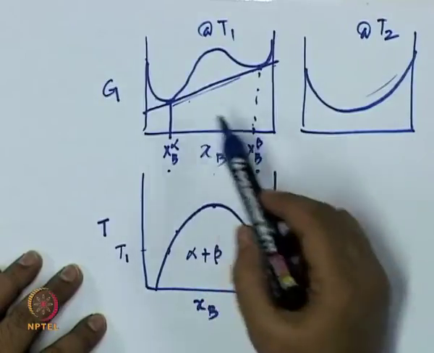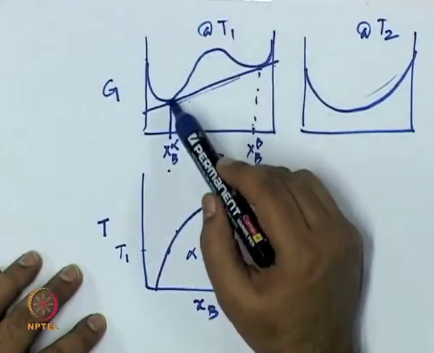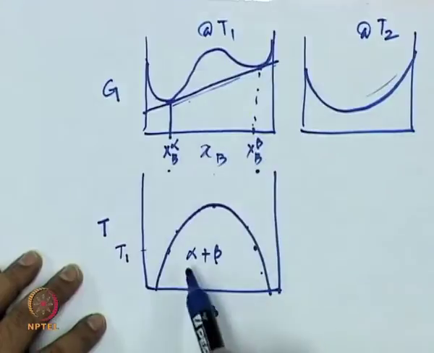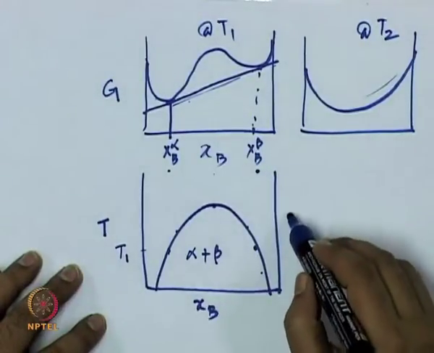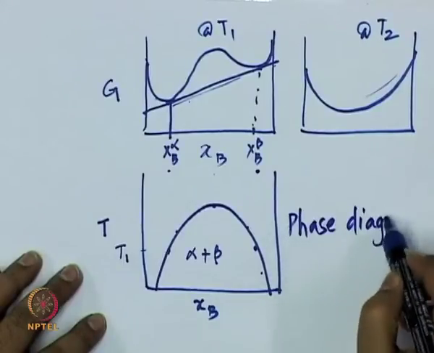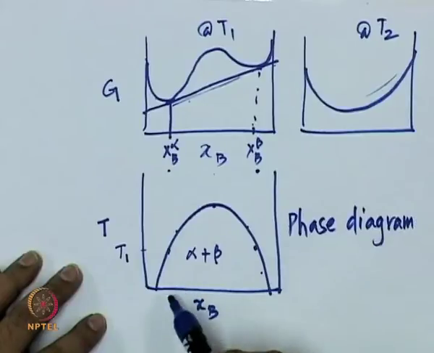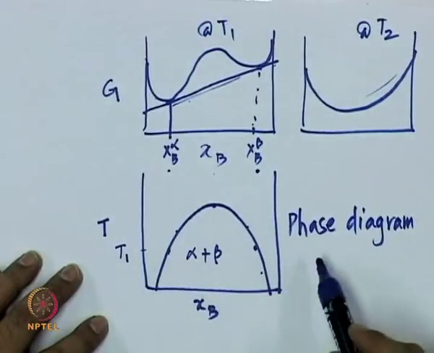But the moment the free energy versus composition diagram develops some concavities like this, in those regions it is going to phase separate. So, this is the phase diagram of a system that has this type of phase separating behavior.